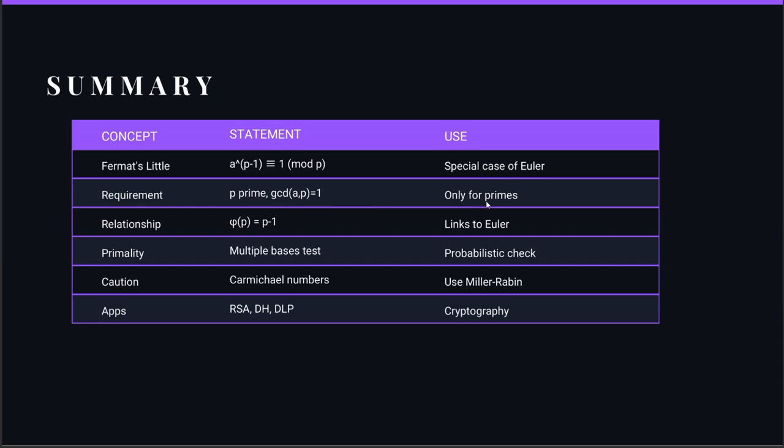Whenever the modulus is prime, Euler's theorem naturally simplifies to Fermat's theorem. Next, we verified the theorem using numerical examples and observed that modular exponentiation follows a predictable cyclic pattern. Then we explored primality testing. After that, we studied key properties of the theorem, and finally we discovered Carmichael numbers.